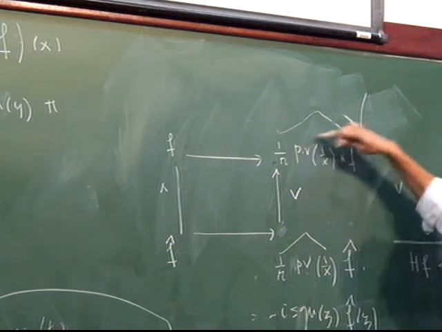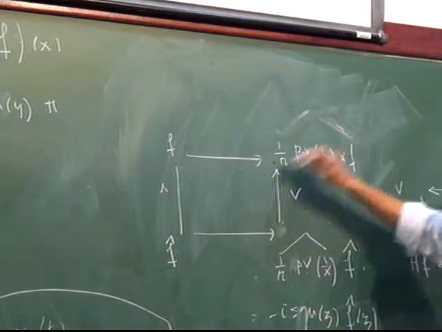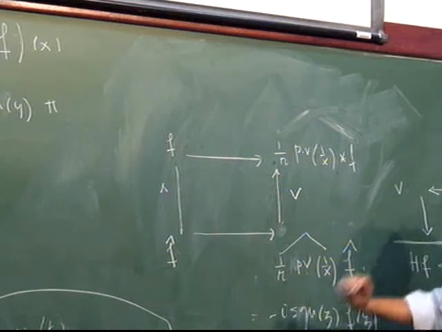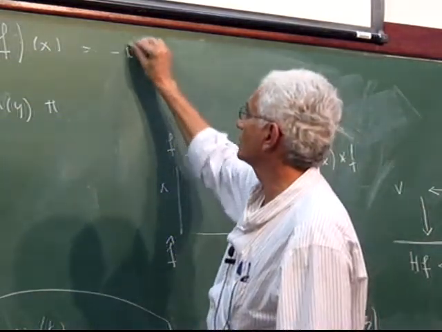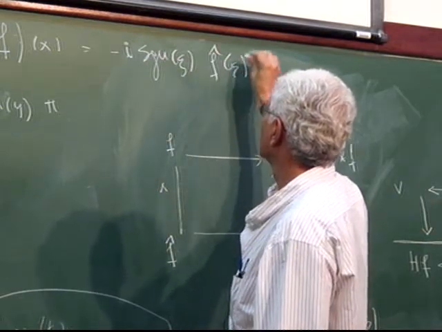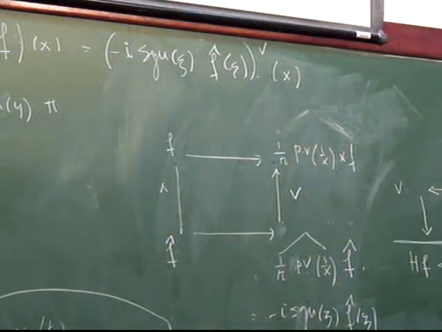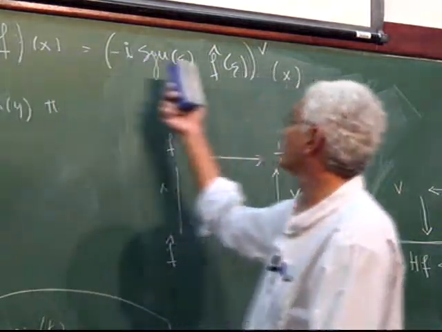The Fourier transform of the convolution is the product of the Fourier transforms. Therefore, to go directly is exactly to go like this. Therefore, this is exactly equal to the backward Fourier transform of minus i sign of xi times f hat of xi. Then we can define the Hilbert transform in this way or that way.